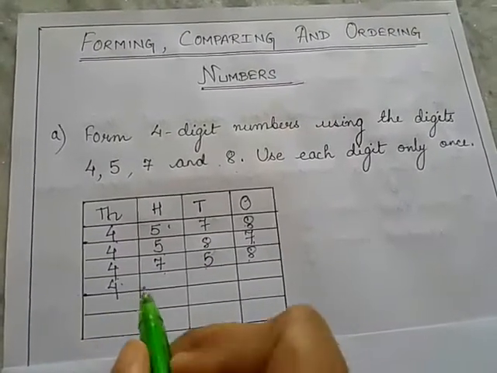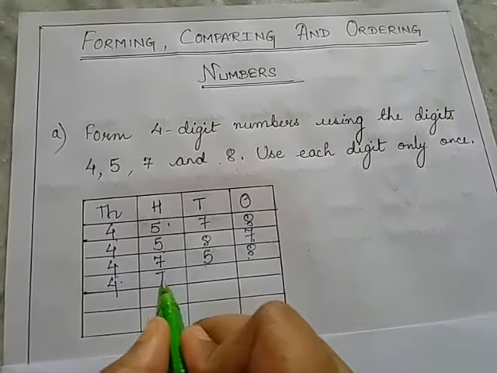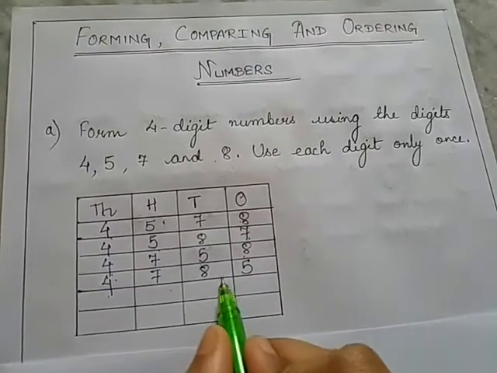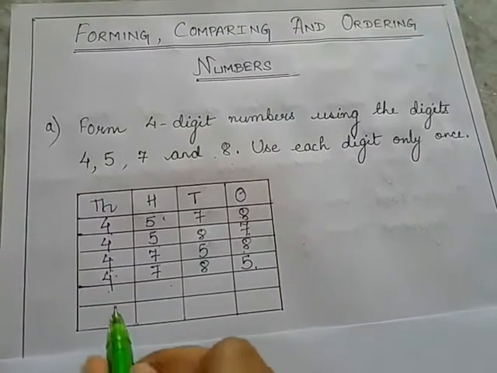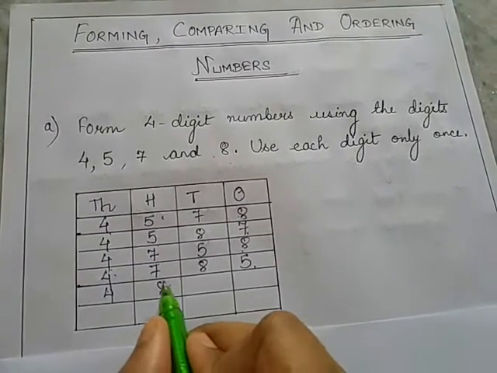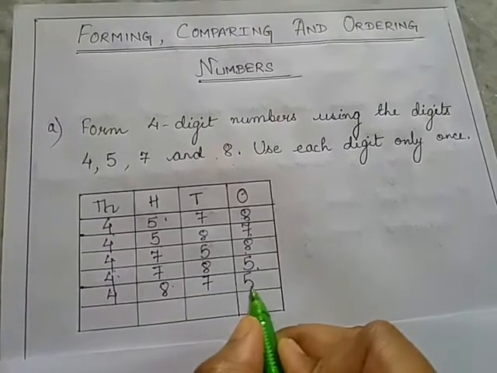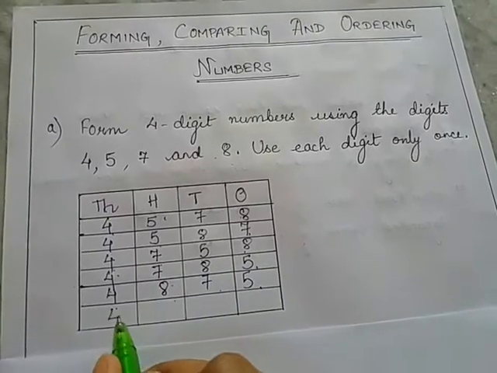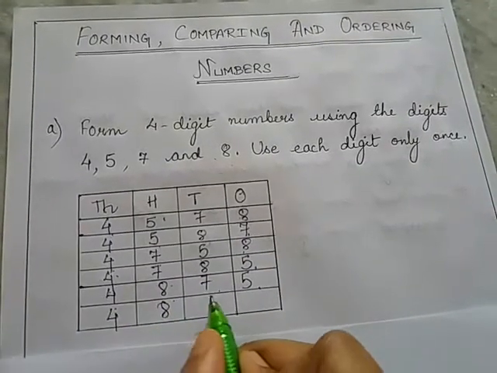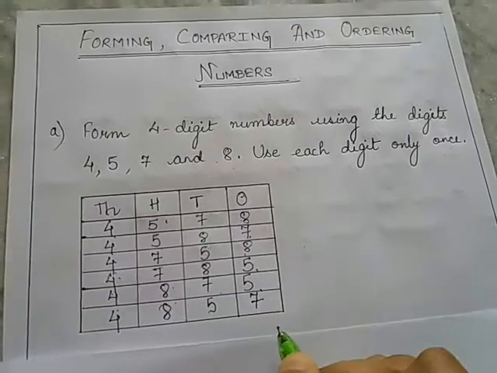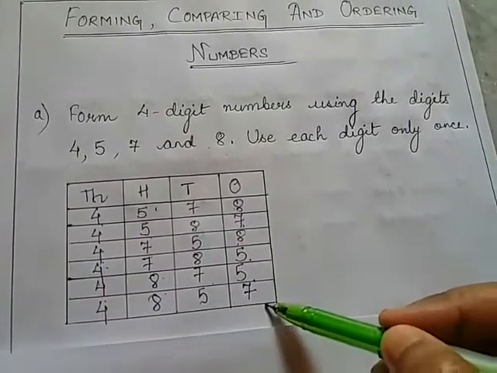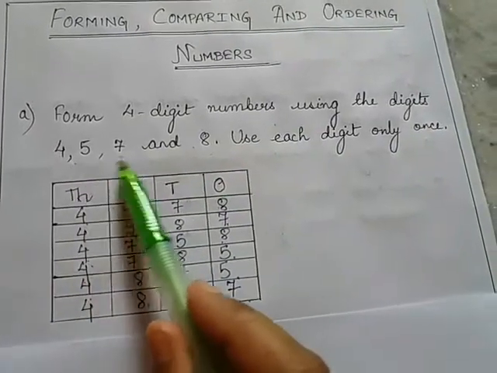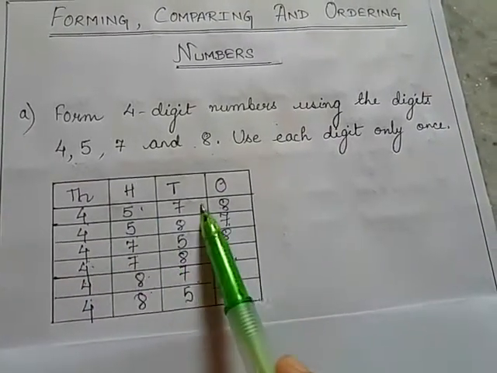Next will be 4785. Then 4875 and next 4857.